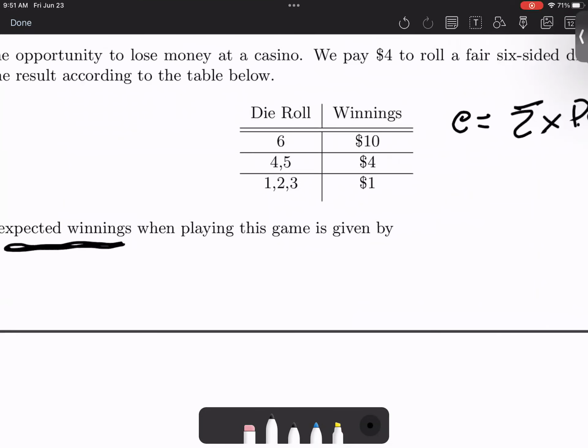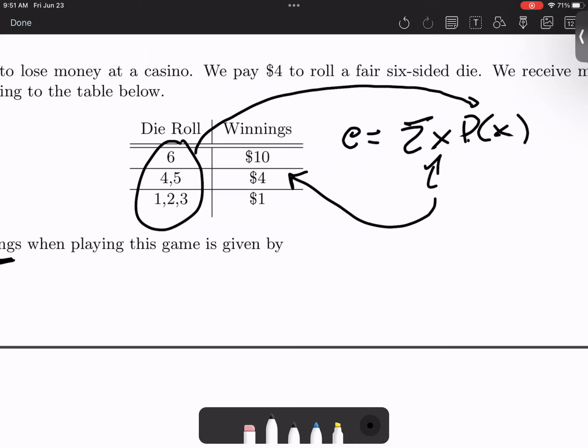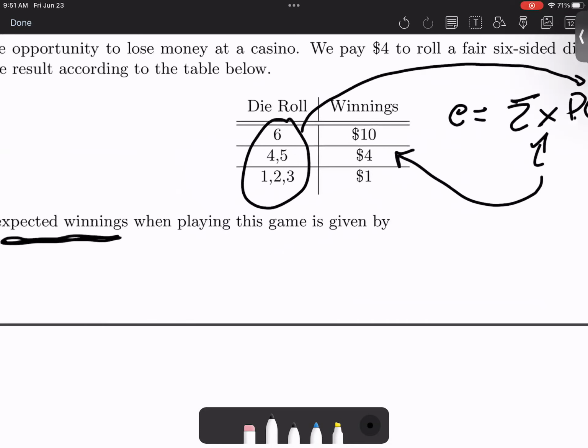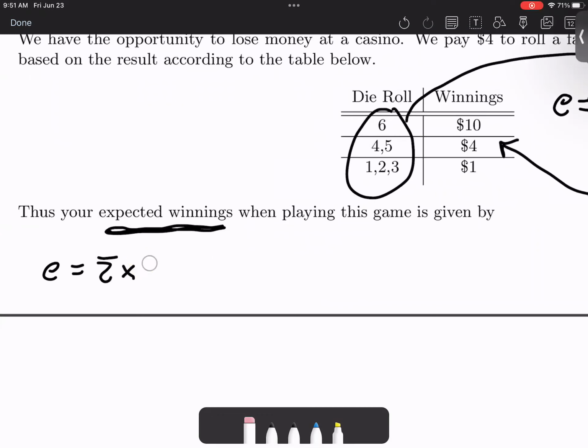So in our equation here, these will be the dollar amounts. And then we'll take our dice and give ourselves the probabilities. So the expected value is the sum of all the different possibilities for the winnings multiplied by the probability of us getting that winning.